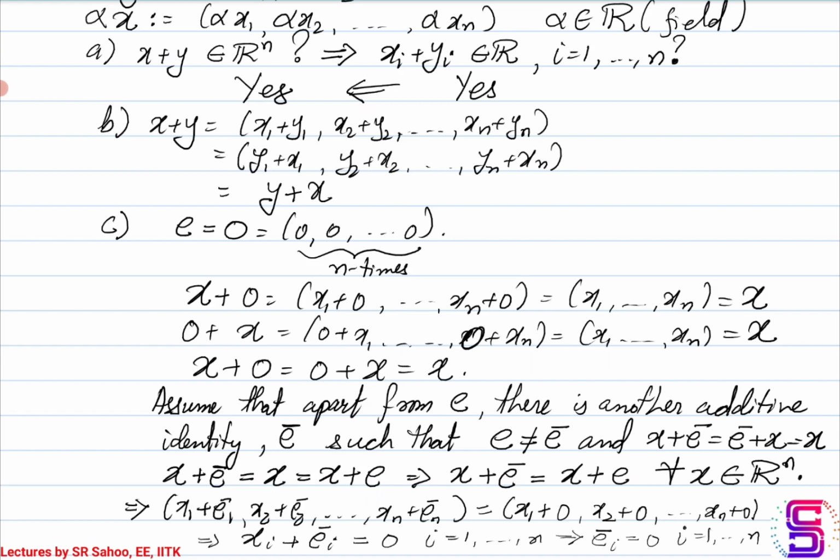So x plus E bar has to be equal to x plus E, which implies that E has to be equal to E bar from the definition of the vector addition that we had. Given this, it is contradicting our assumption that E is not equal to E bar, which means E has to be a unique additive identity.